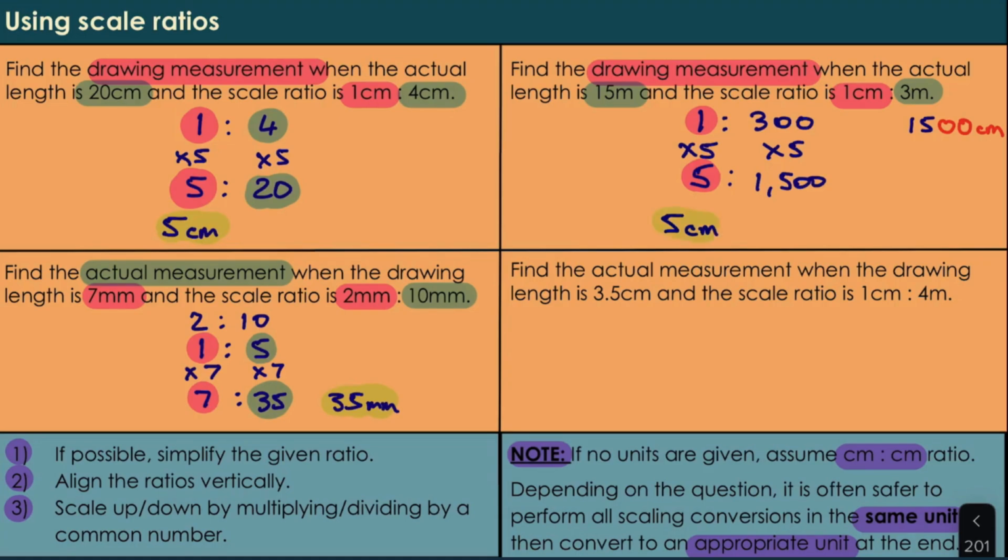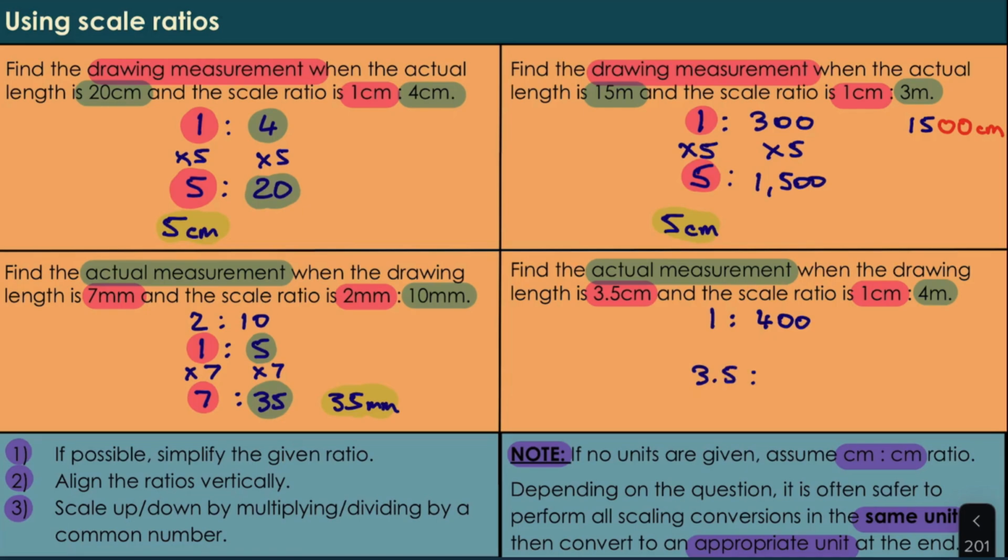Example 4, find the actual measurement when the drawing length is 3.5 centimeters and the scale ratio is 1 centimeter to 4 meters. We're going to convert the 4 meters into centimeters. We multiply by 100, so we have 1 is to 400. They tell us the drawing length is 3.5, so under the 1 we have 3.5.